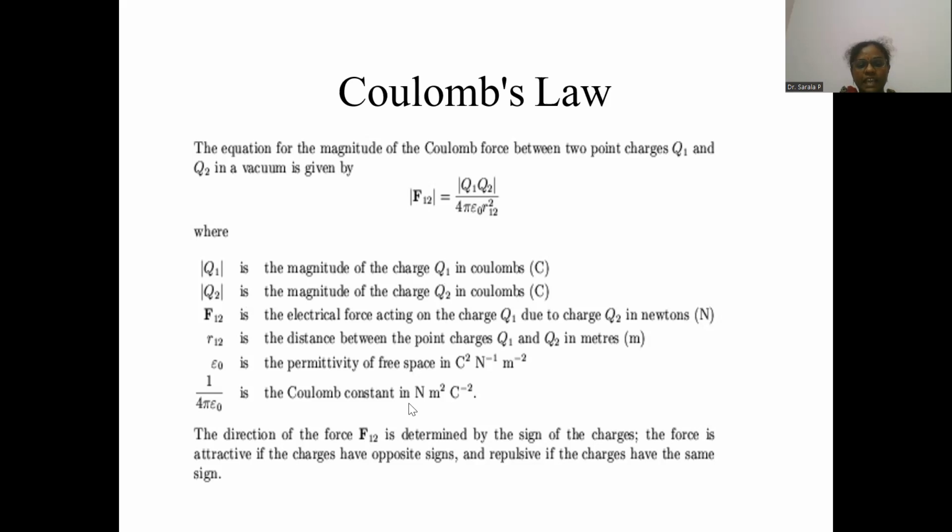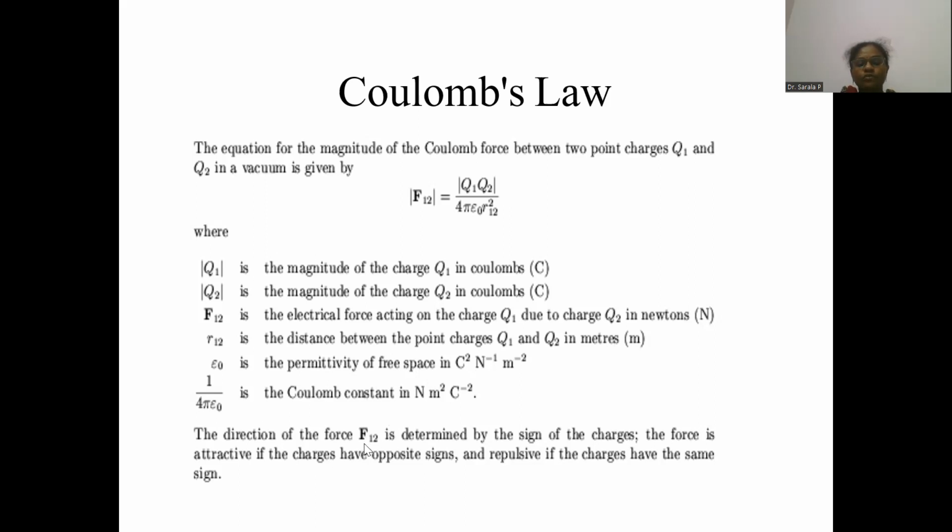Force F12 is the electrical force acting on charge Q1 due to charge Q2. Here 1, 2 represents on 1 due to 2. R12 is the distance between the point charges Q1 and Q2 in meters, and epsilon naught is the permittivity of free space, in Coulomb square per Newton meter square. The 1 by 4 pi epsilon naught is the Coulomb constant.